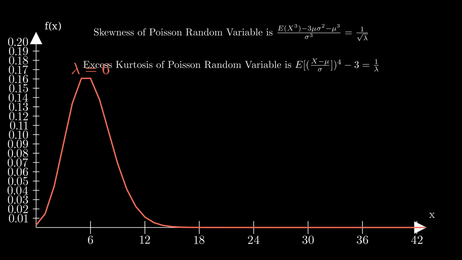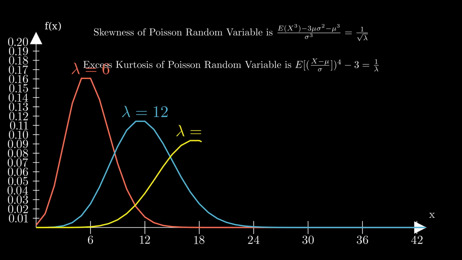So Poisson distribution is always a skewed distribution. In the limiting case, if lambda tends to 0, there would be 0 skewness. That means there would be no lack of symmetry. That means it will be completely symmetric.